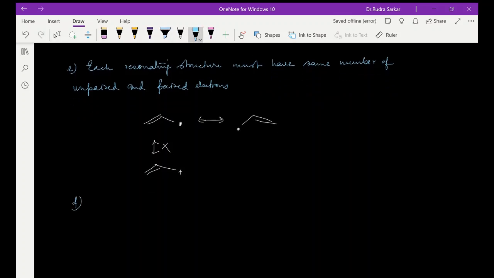Okay, in the next rule we will say position of atom cannot change in the resonating structure.